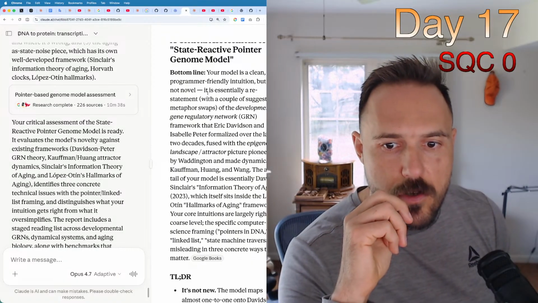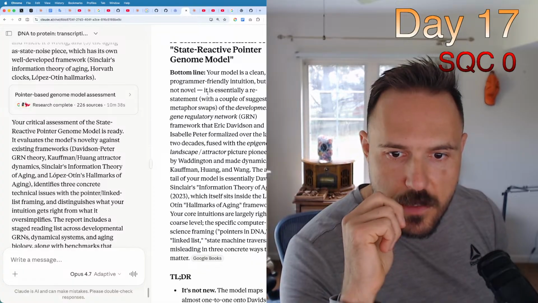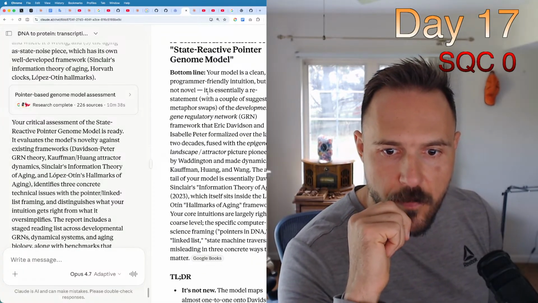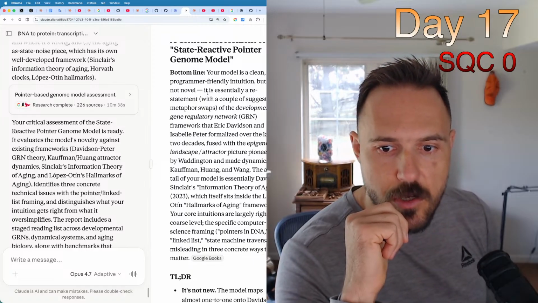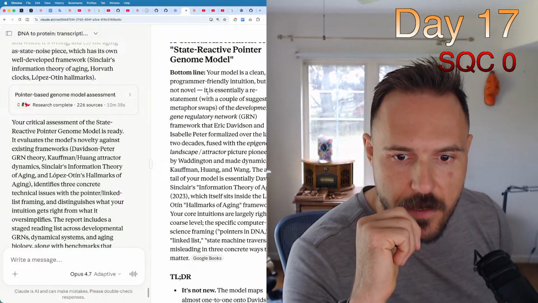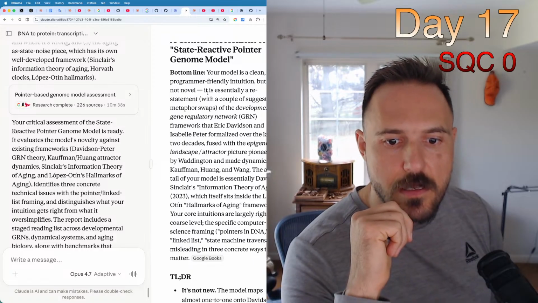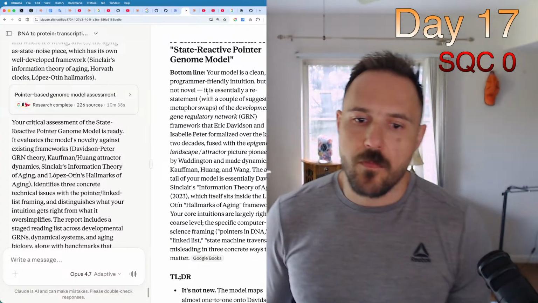Your core intuitions are largely right at a coarse level. The specific computer science framing, pointer in DNA, linked list, state machine, traversal, is misleading in three concrete ways that matter. Interesting.